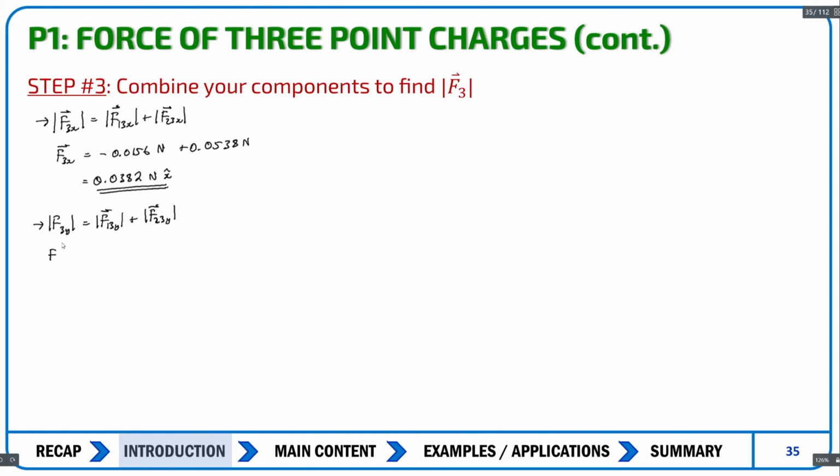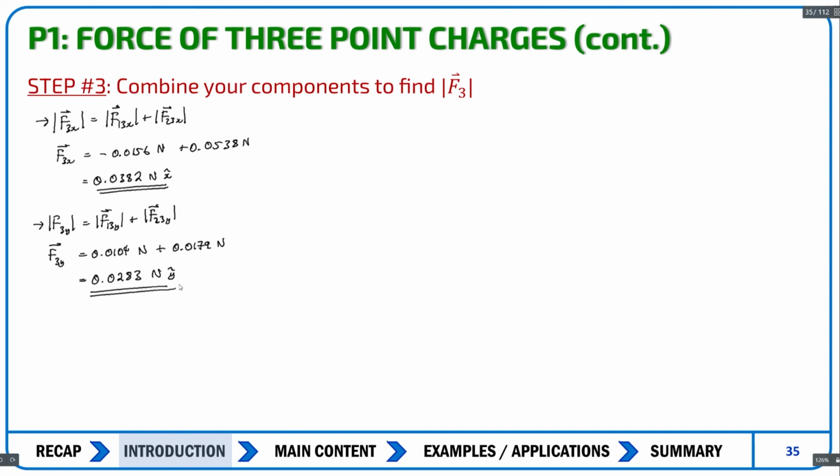And if we keep to the positive and negative, then we can actually figure out the direction as well. So we have 0.0104 newtons plus 0.0179 newtons. And that's equal to 0.0283 newtons in the y-hat direction.